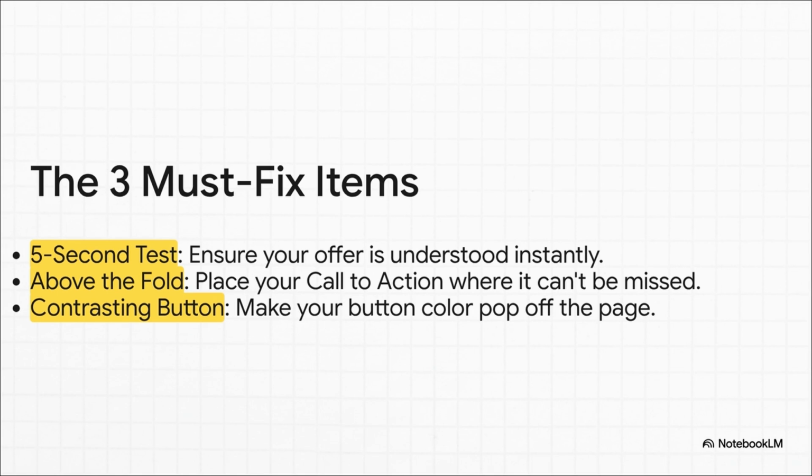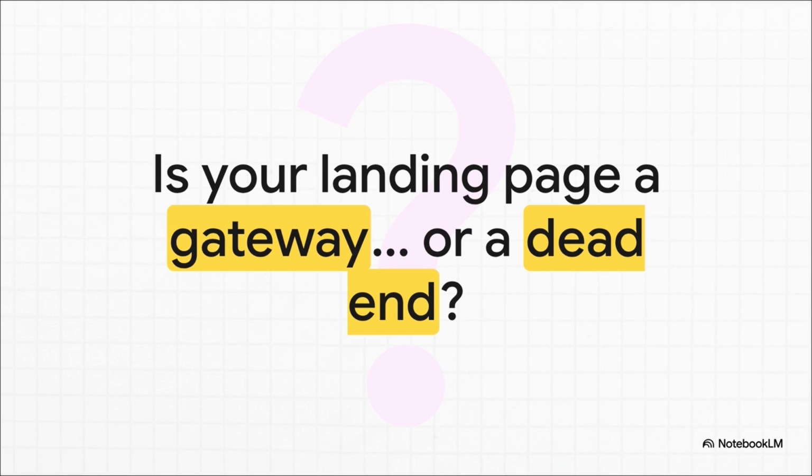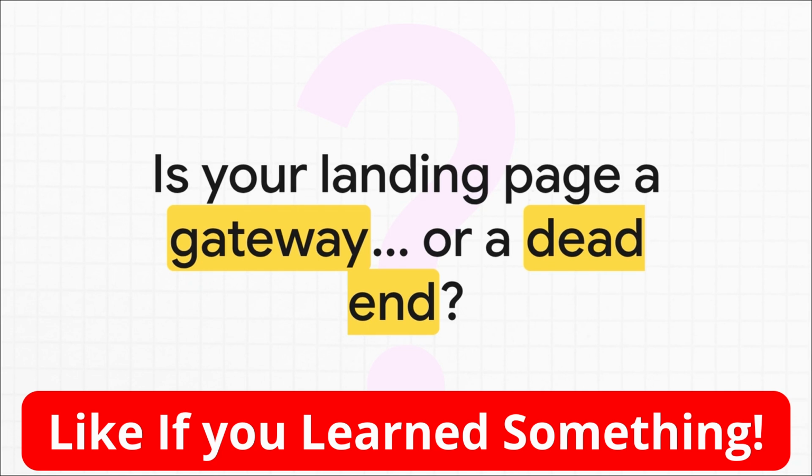No scrolling. And 3, make that button color pop. I'm telling you, just fixing these 3 things can dramatically boost your conversions. So go on, take a look at your page right now. After everything we've talked about, ask yourself this one question. Is it a powerful gateway that's bringing new, excited leads into your world? Or is it just a digital dead end? The choice, and now the tools to fix it, are all yours.